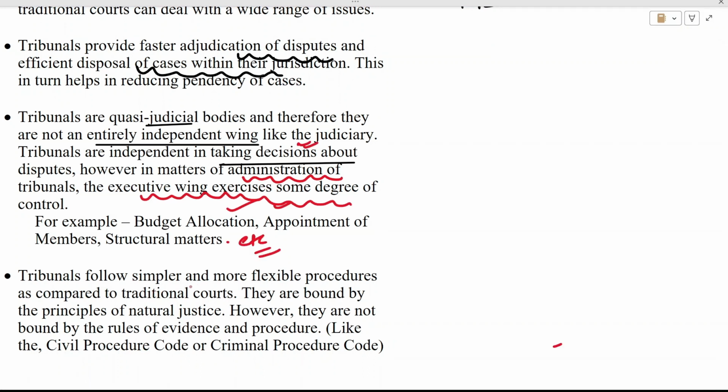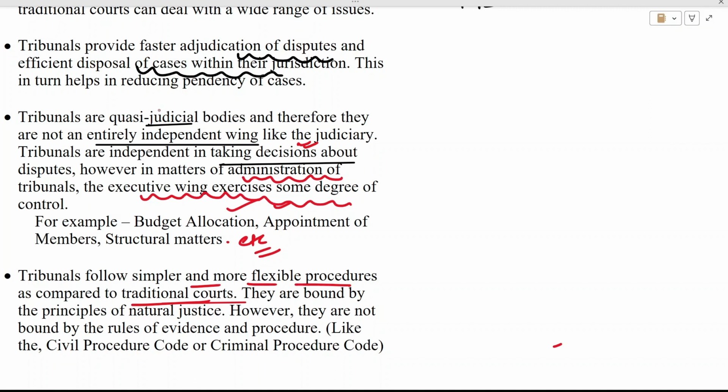Tribunals follow simpler and more flexible procedures as compared to traditional courts. Very simply, traditional courts or judicial bodies have more strict set of rules and procedures which they have to follow. Tribunals, being quasi-judicial bodies, similar to courts, not completely courts, have that flexibility. They don't have to strictly follow those rules and procedures.